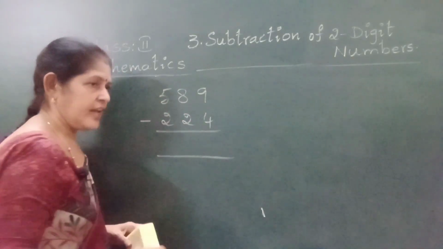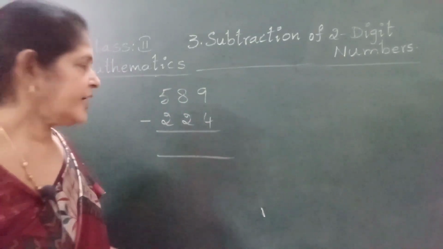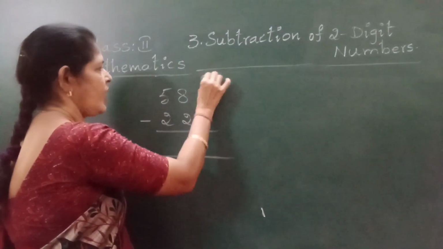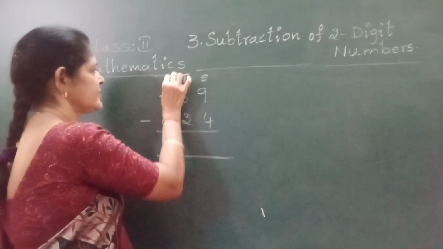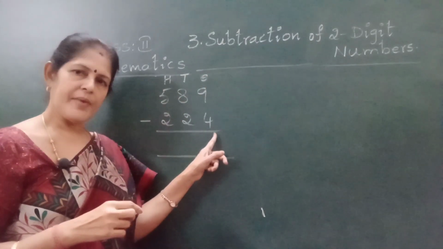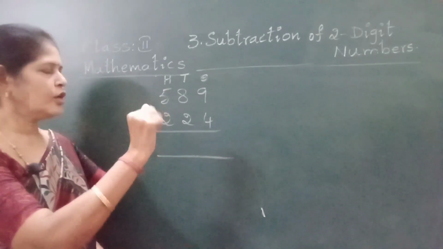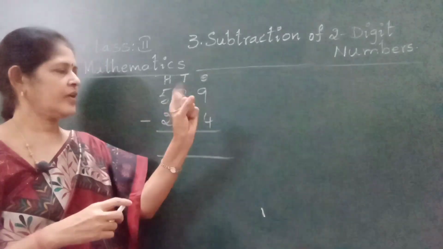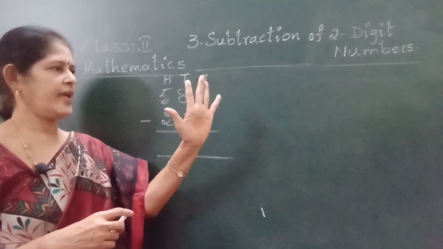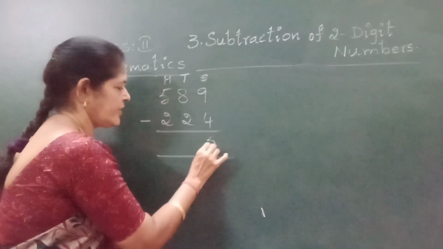First find out the difference. How do you get the difference? By subtraction. We start from ones place, next tens, next hundreds. 9 is greater than 4. Subtraction is possible. Close fingers. 4 after 5, 6, 7, 8, 9. 5. Write it in the ones place.